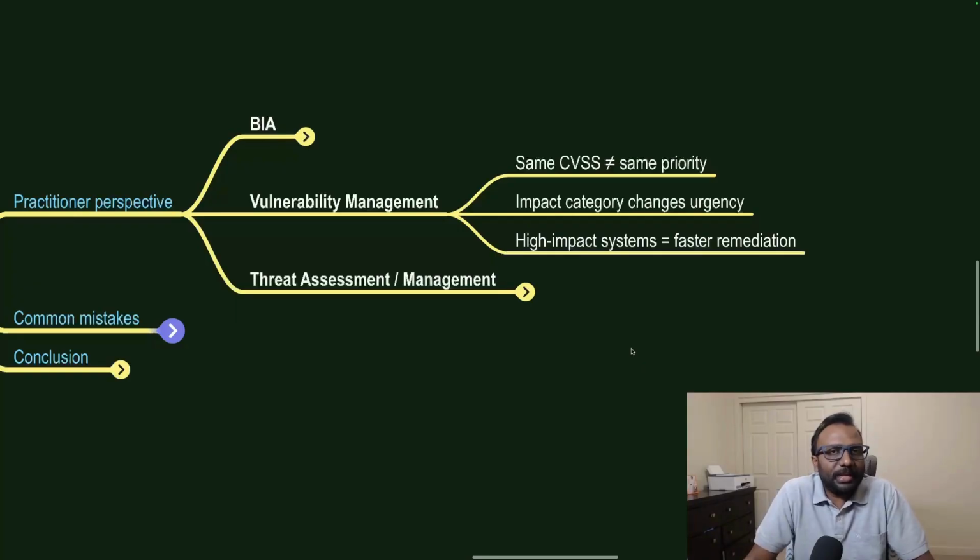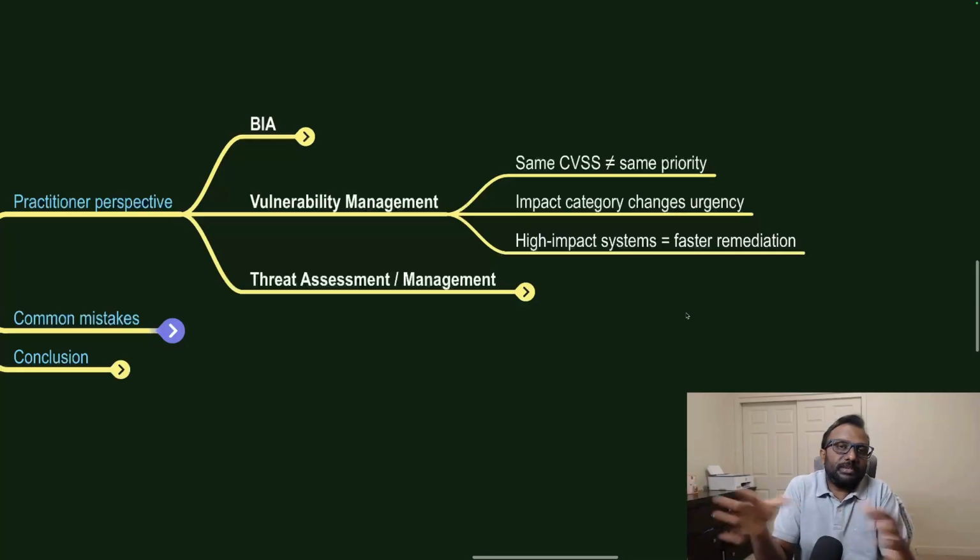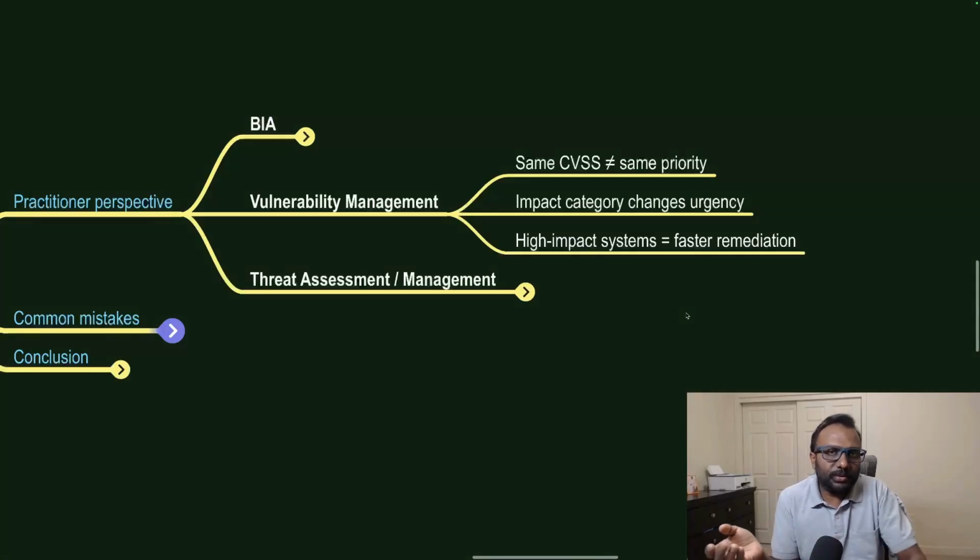Vulnerability management still struggles. We treat it as if the CVE or CVSS score is very high, if it is 10, we need to patch immediately. But if the system is a very low-impact system, what is the urgency in doing that?